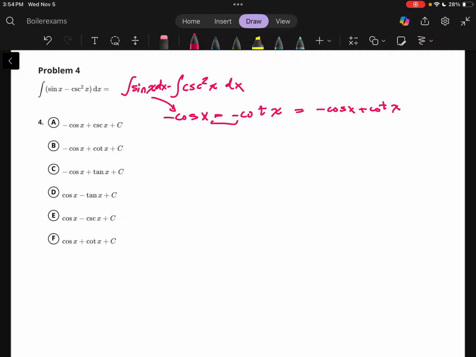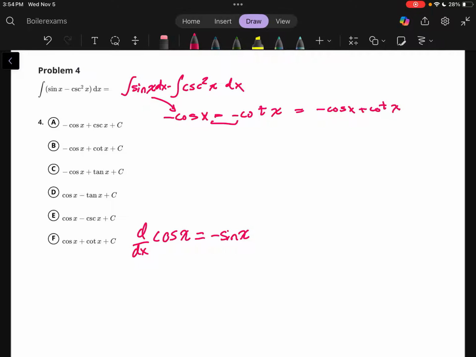So I know that the derivative of cosine of x is equal to negative sine x. So as opposed to memorizing both the antiderivative and the derivative rules, I only memorize the derivative rules and then work backwards to figure out the antiderivative rules.